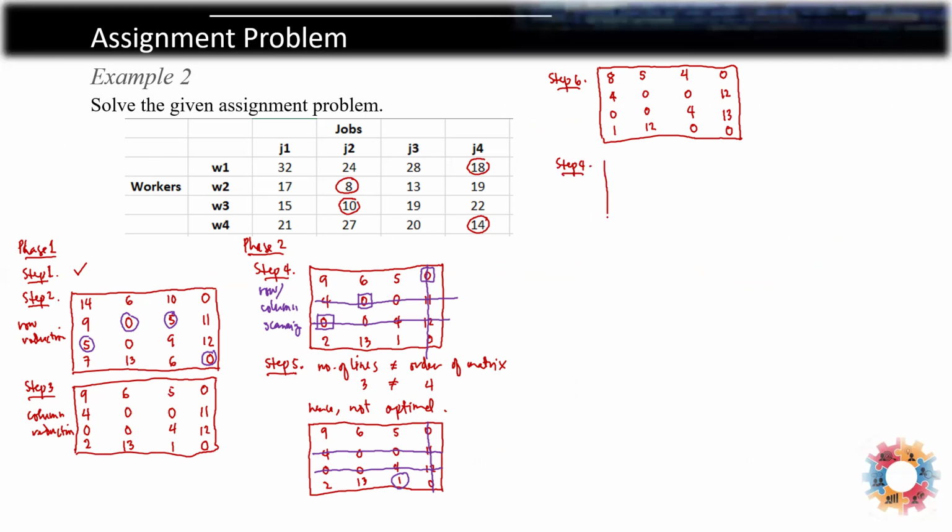Let's copy the table we obtained from step number 6. In step number 4, again, we're going to do row and column scanning.